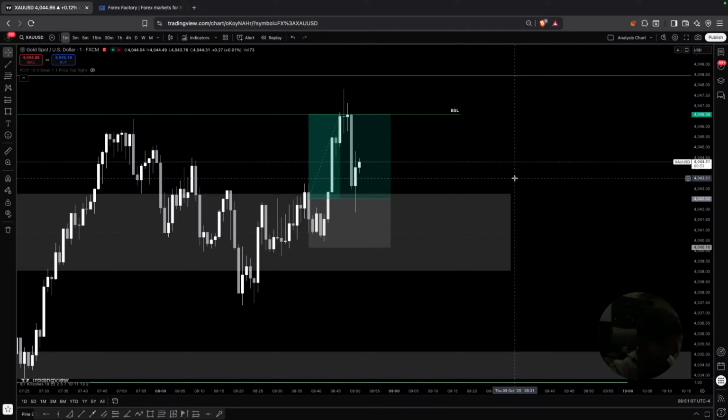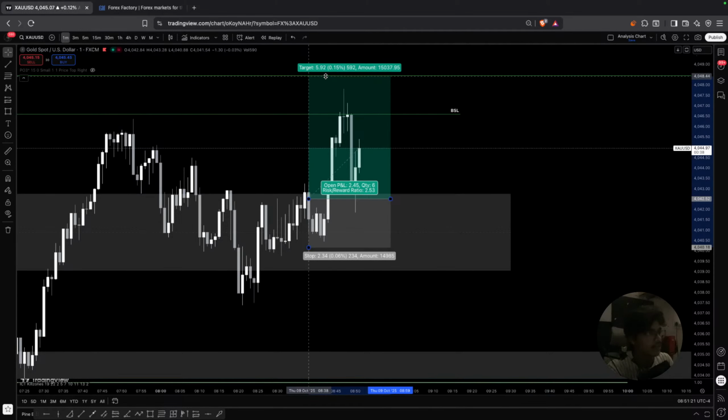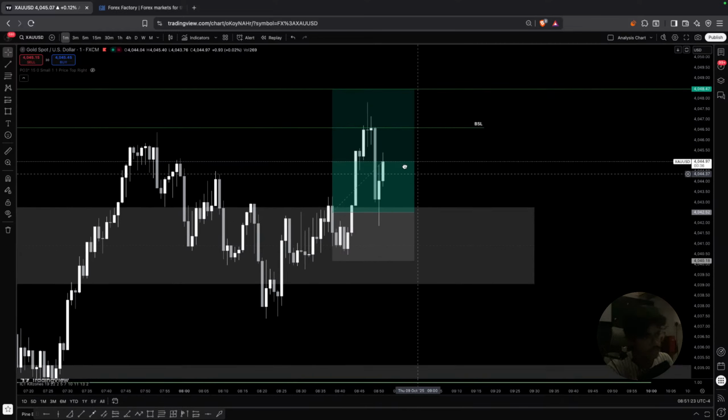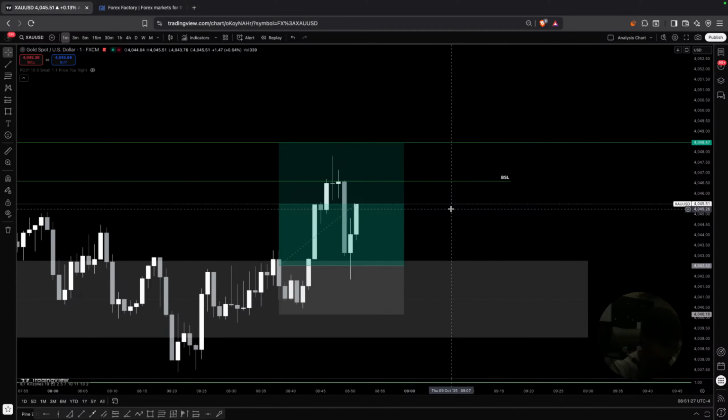Let's see if it shows us something. Wait for it. It is respecting it. If you have some quantities left, you can go higher for it. Wait for this inversion to be taken out.